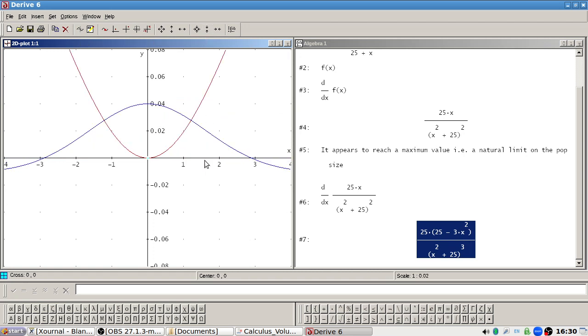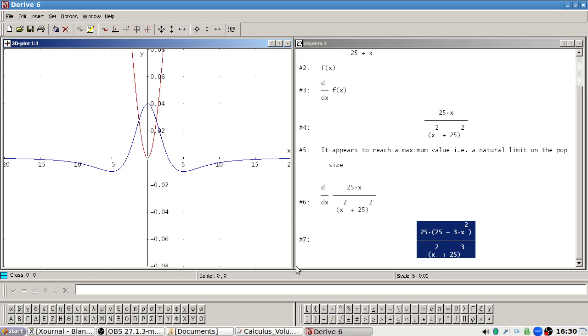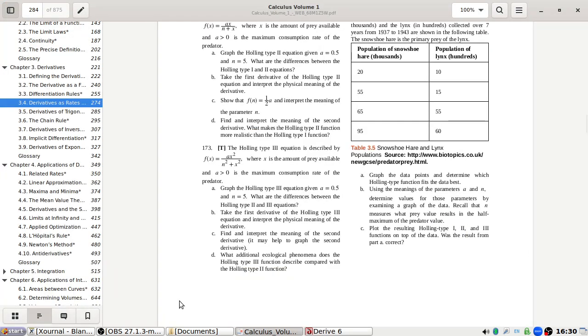The second derivative is positive and then negative. So there's an increase and decrease in the rate at which the growth changes.